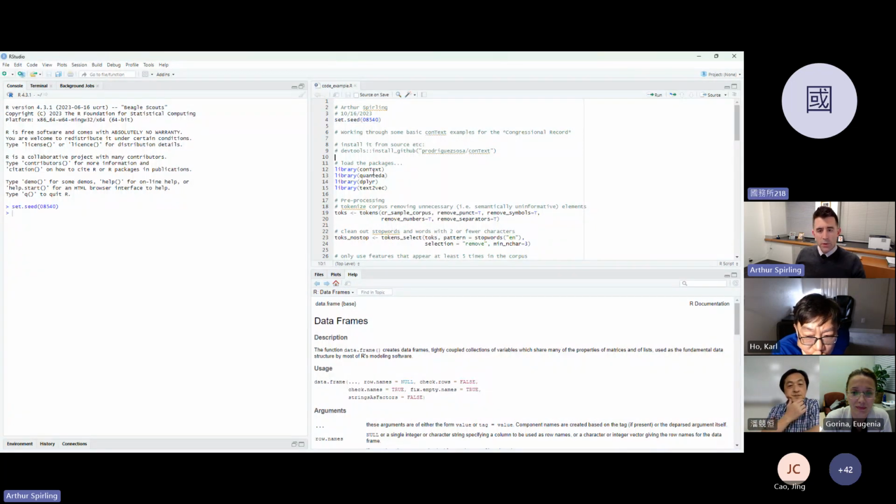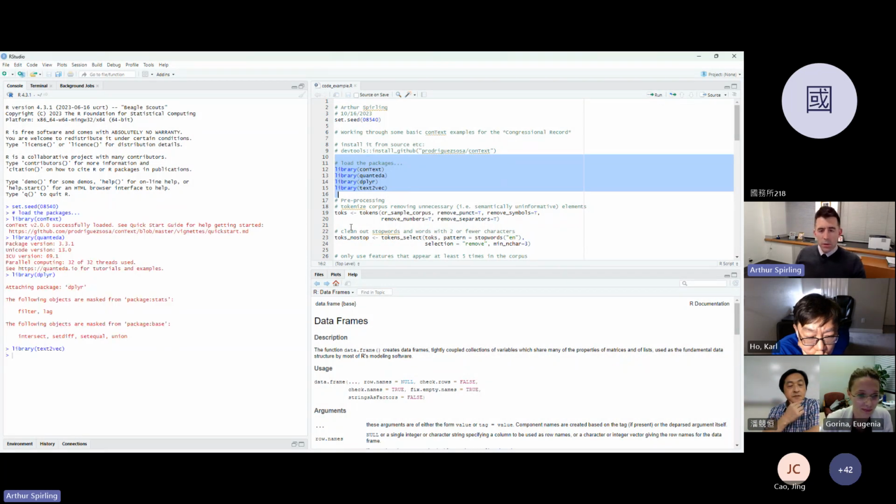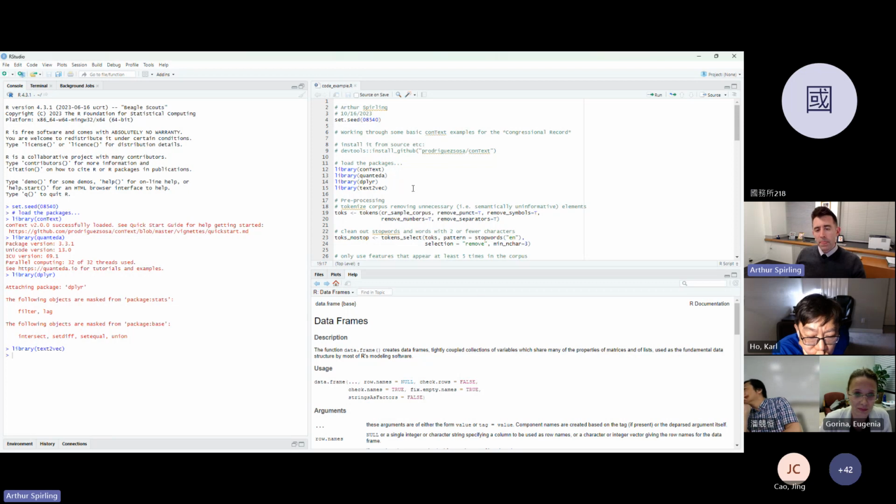I'm going to load some packages, and I'll talk through them for those not familiar. We didn't write these bottom three. Quanteda is a product from Ken Benoit et al., a big team working on text, a very nice text package. dplyr is a tidyverse tool for managing data. text2vec, which I'm not going to use today, is a very nice package for getting embeddings.